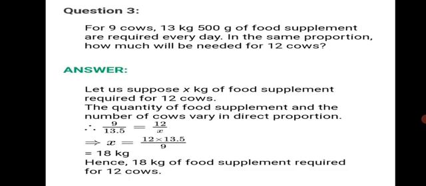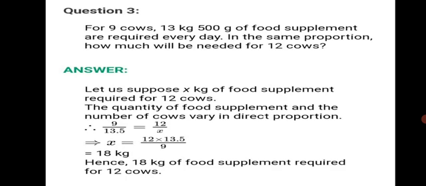Therefore, now time to form the equation. 9 cows upon 13.5 kg. We take 13 kg 500 gram to be 13.5 kg, is equal to 12 cows upon x kg. We don't know how many kg 12 cows will require.